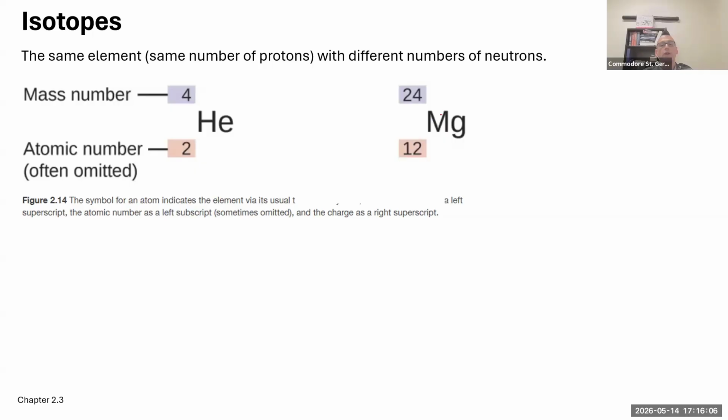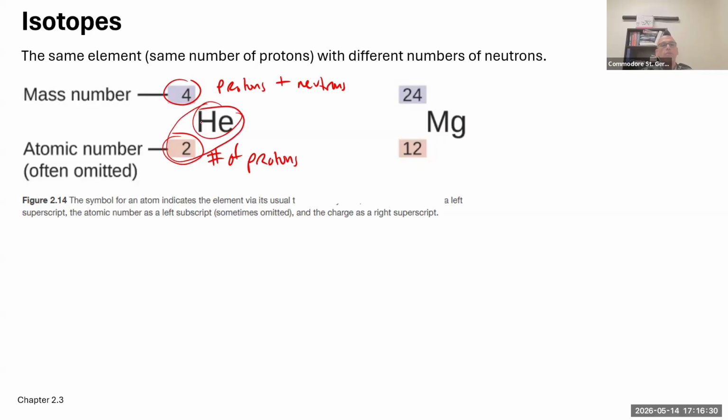some information here. Well, this atomic number we know is the number of protons. It's the number on the periodic table. This is the mass number. This is protons plus neutrons. These are the symbols. So these are kind of redundant, right?